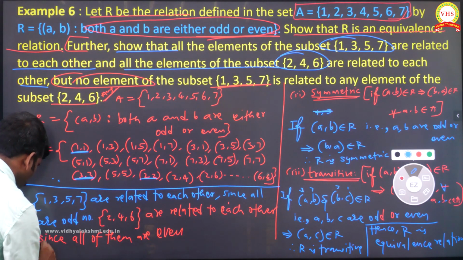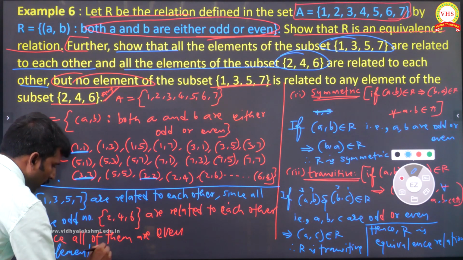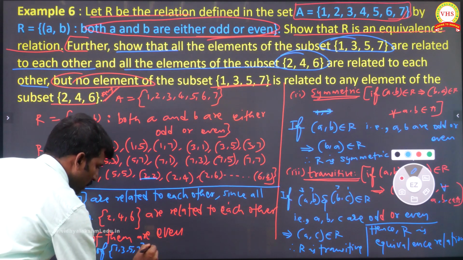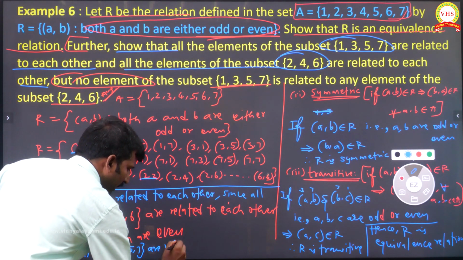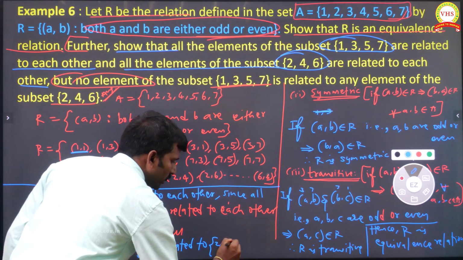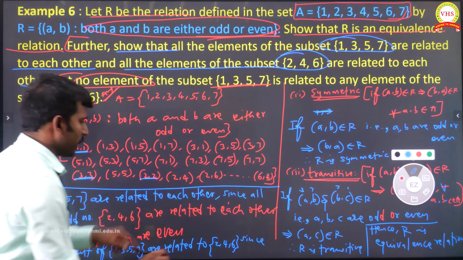So that no element of {1, 3, 5, 7} is related to {2, 4, 6}, since one is odd, the other is even.